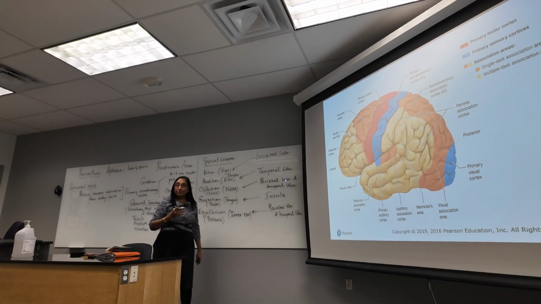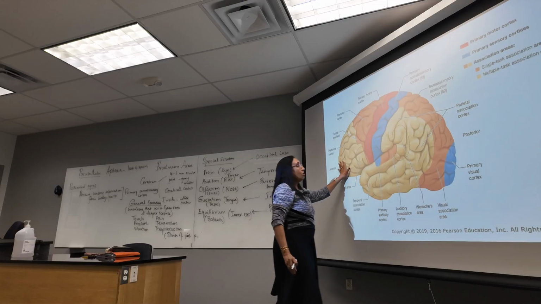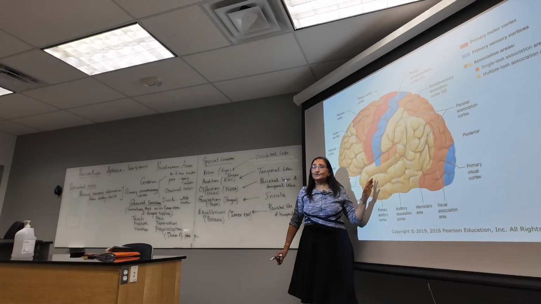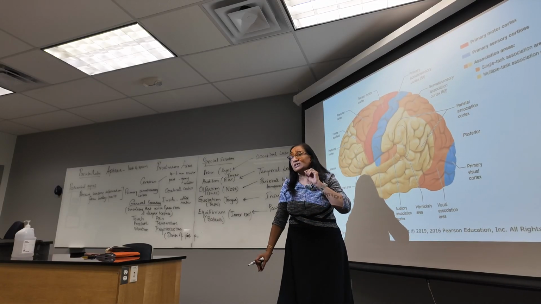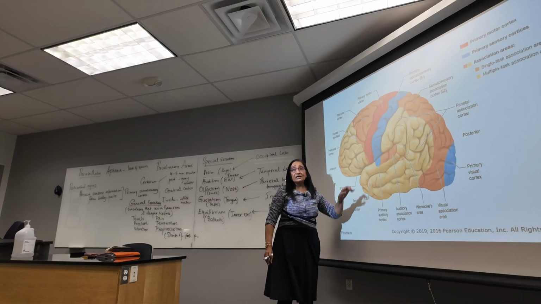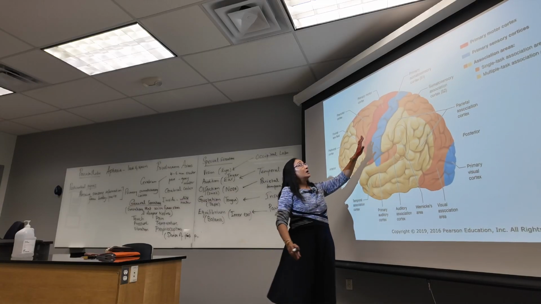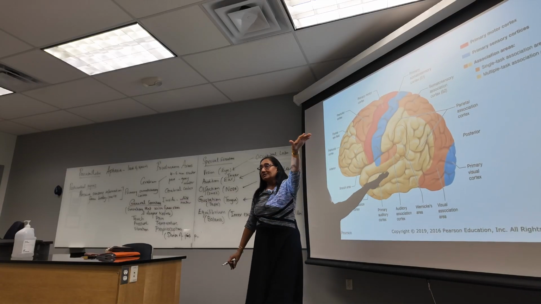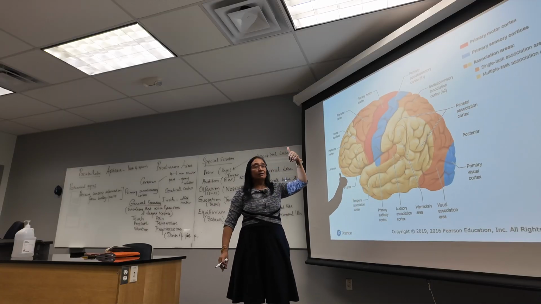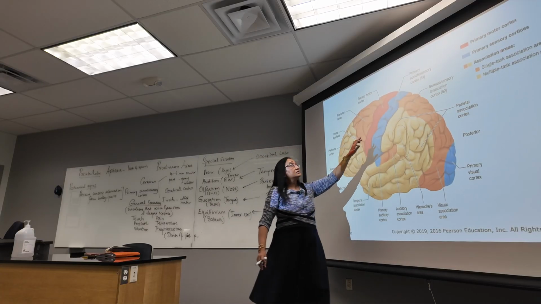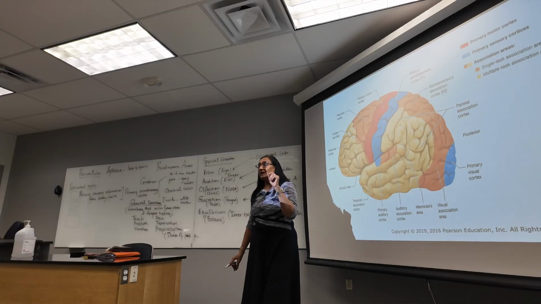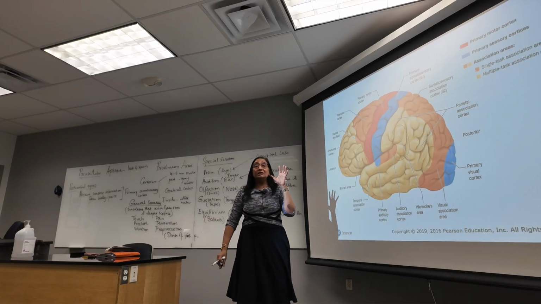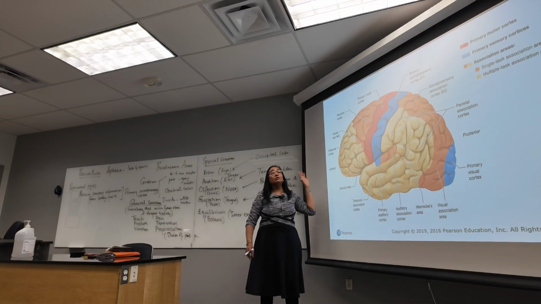I don't have a picture of that. All the parts of the cerebrum, you can number them. Everything has a number. Broca's area is area 44, primary motor cortex is area 4, and primary sensory cortex is area 3, 1, 2.